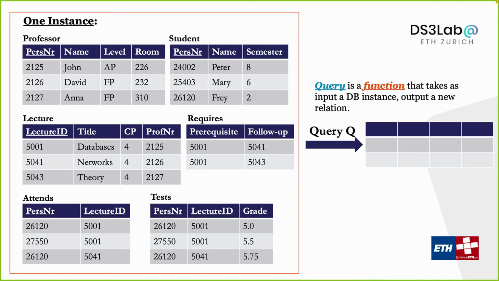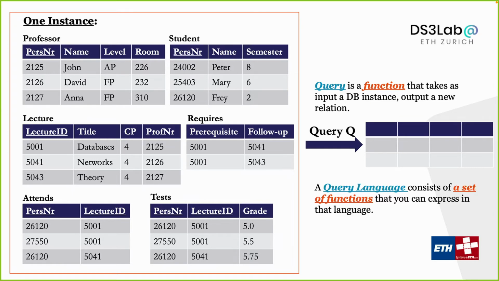So all the functions that satisfy this input and output type, in principle, are a query. It might not be a query you are able to write down, right? It might not be a query that you can run efficiently. But in terms of what a query is, it takes as input a database instance and gives you a new table, okay? So a query language.